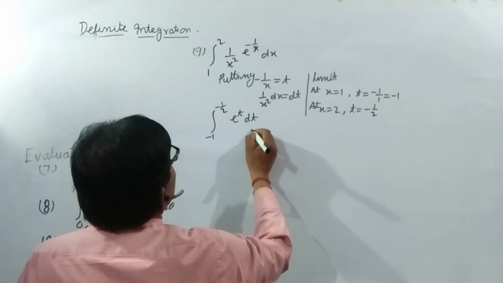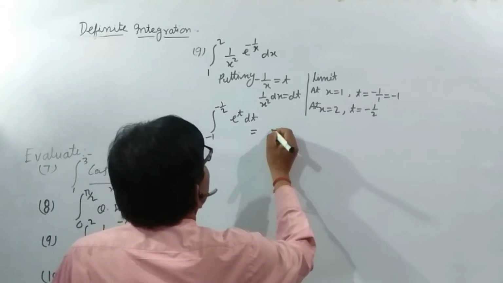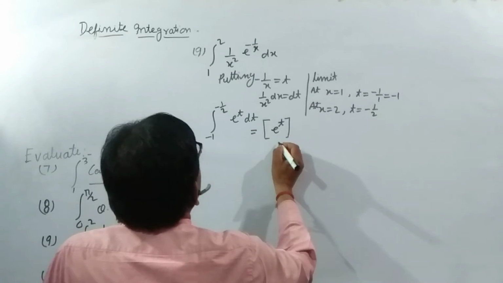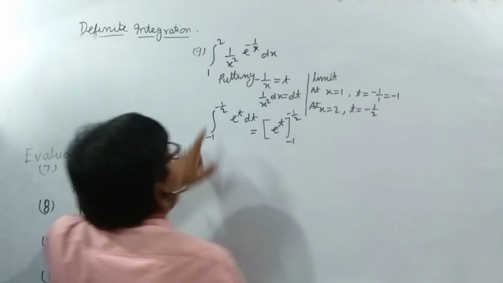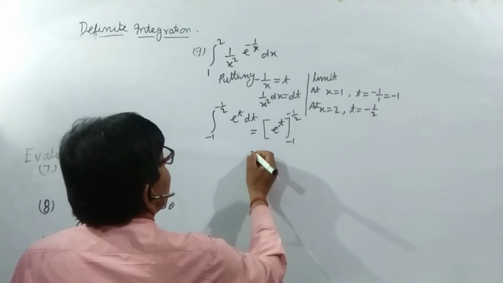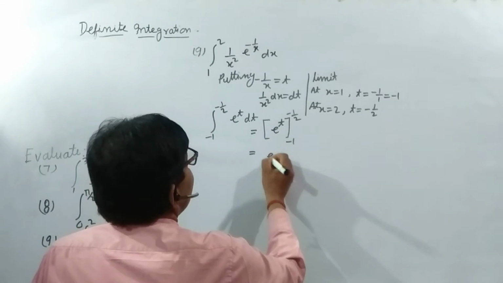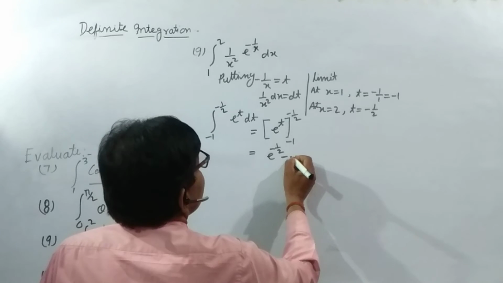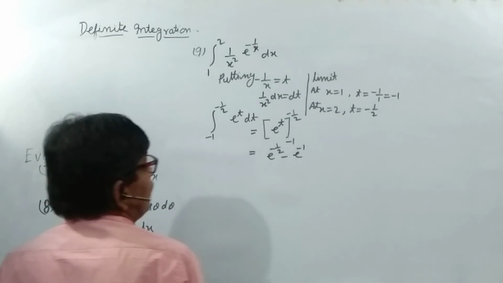Now integration of e to the power t dt is e to the power t, and the limit will be minus 1 to minus 1 by 2 here. Putting the upper limit and lower limit, e to the power minus 1 by 2 minus e to the power minus 1.